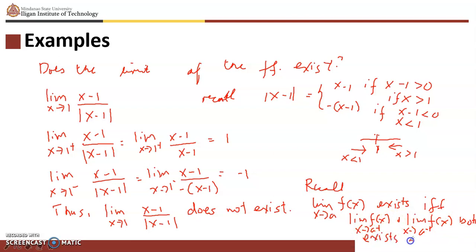And that equal value would actually be the limit of f of x as x approaches a.